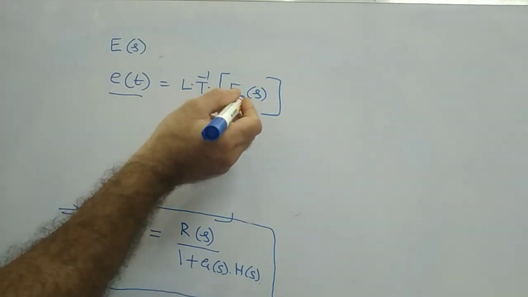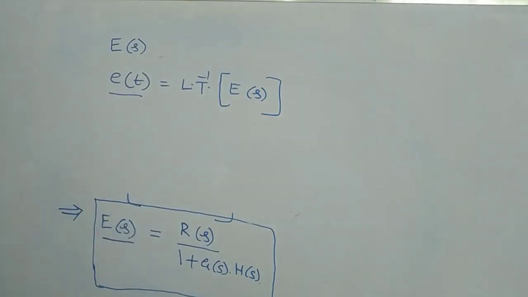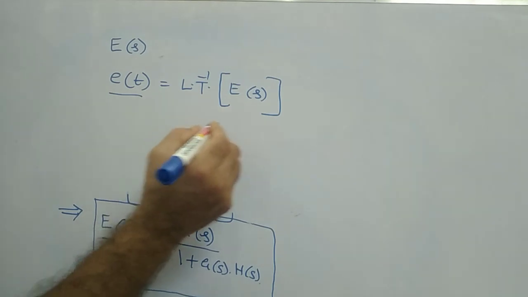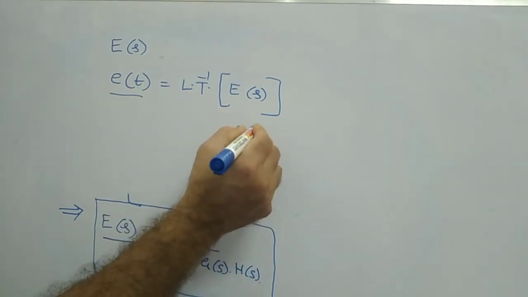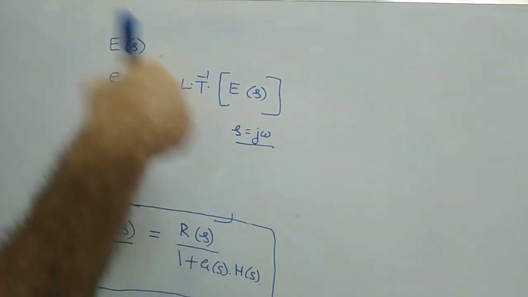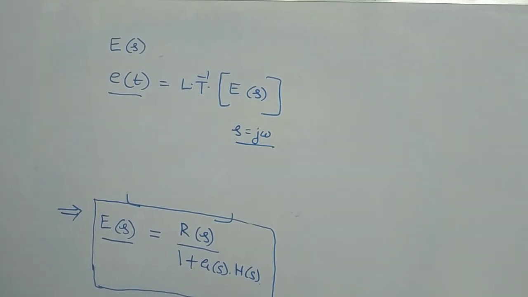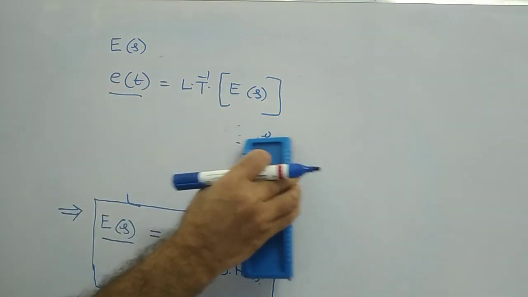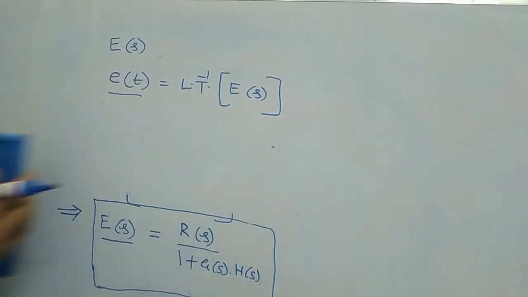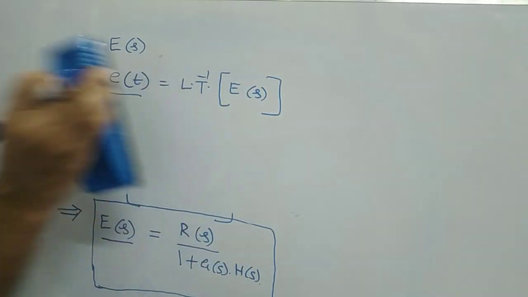E of s is the error signal in the S domain, meaning frequency domain. Normally S is your frequency, S equal to j omega, which we will see in other applications. As far as control systems are concerned, just remember E of s. The frequency concept will not come here.